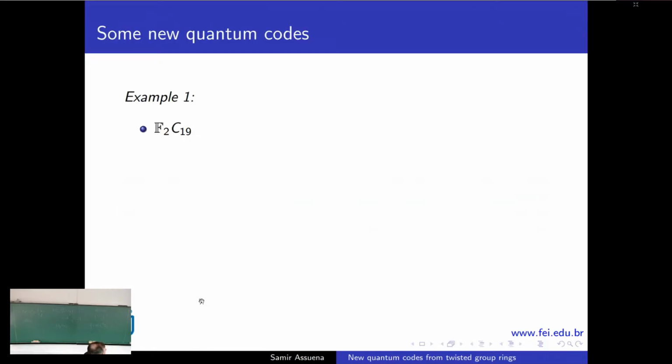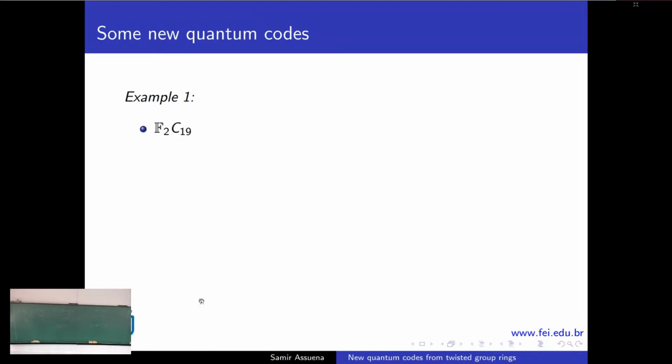So, some examples of very nice codes. First, we are considering F2. In this case, we do not have codes different from cyclic codes, because this element has to be a unit, and our field has only two elements.